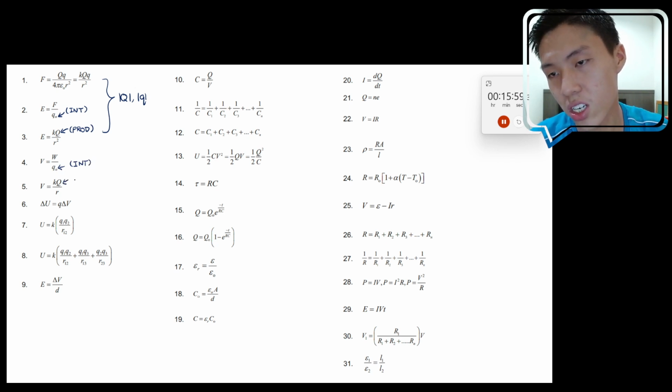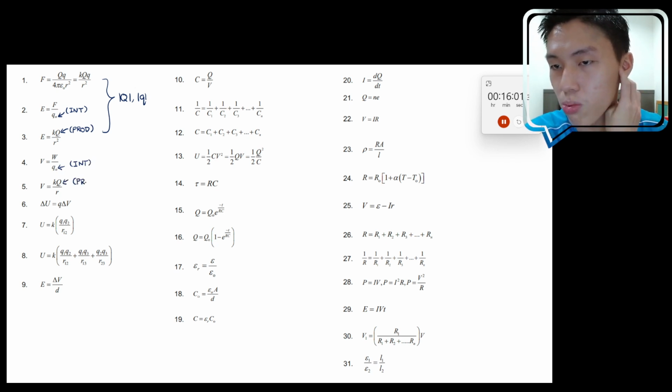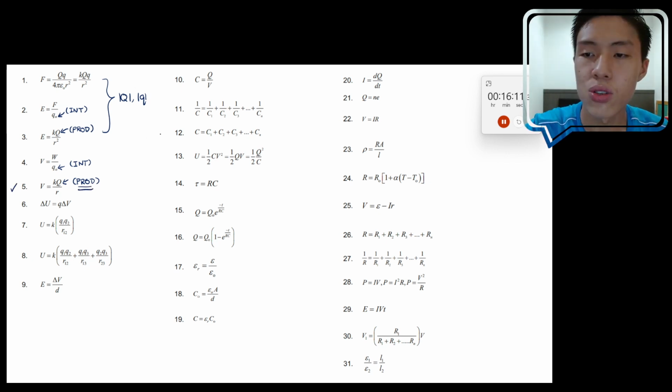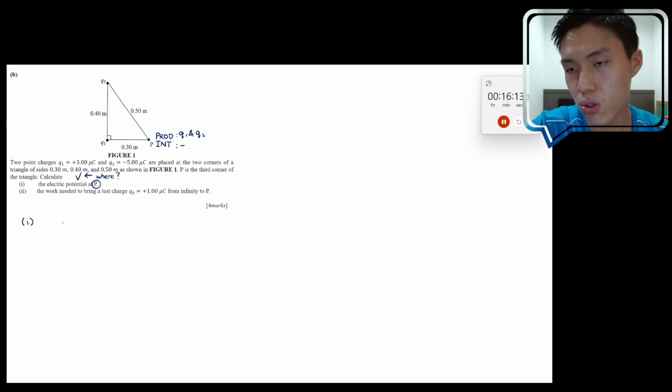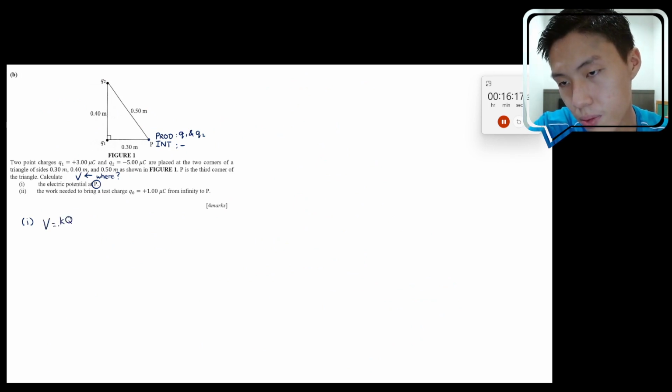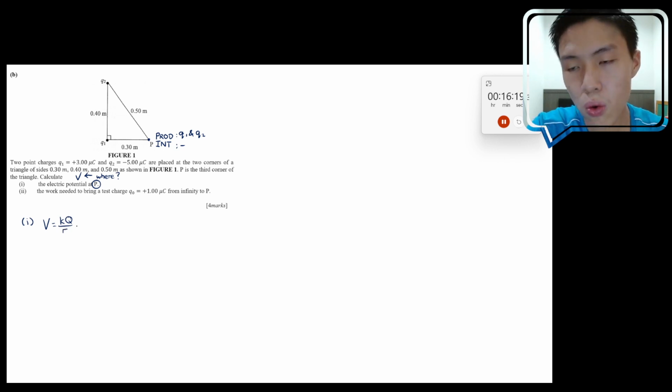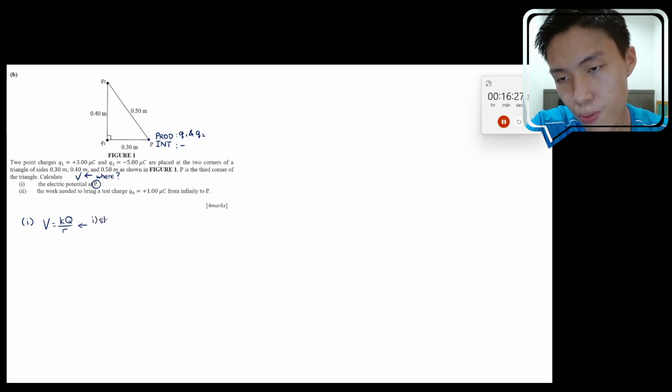Because we are looking for V, we are looking for produce, so V is equal to KQ over R. When I use this equation, what I usually tell my students to do first is to sketch a spring.